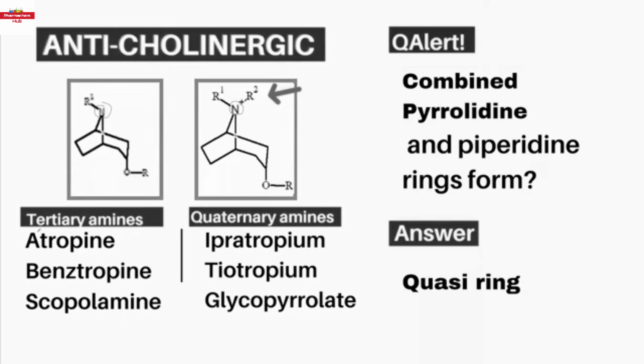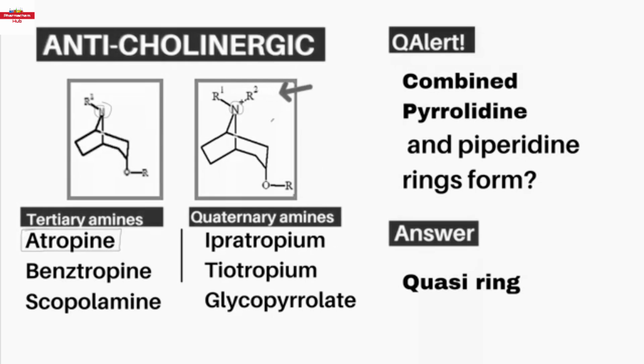And for that reason, atropine is also used as an antidote for cholinergic drug overdoses. Like organophosphates, the antidote is atropine. So that way you can connect to those tertiary natures. Whereas there are several anticholinergic drugs that are quaternary amines. Obviously, the big ones that are easy to remember are ipratropium and tiotropium, which are generally used for COPD.